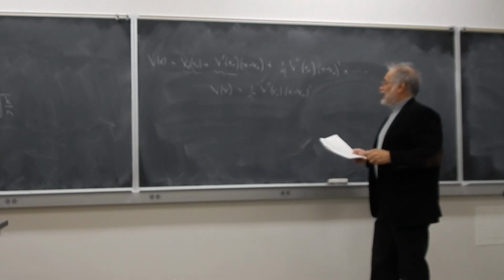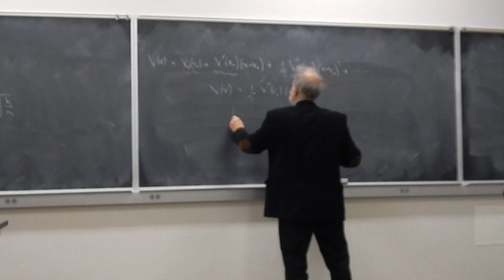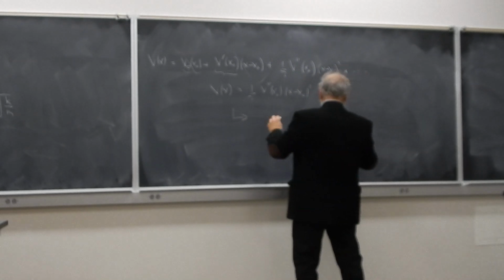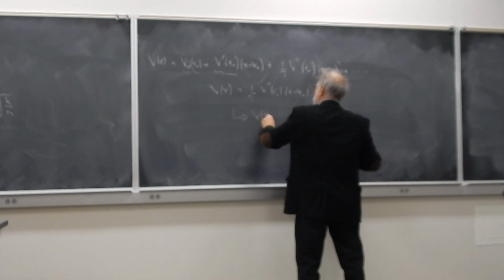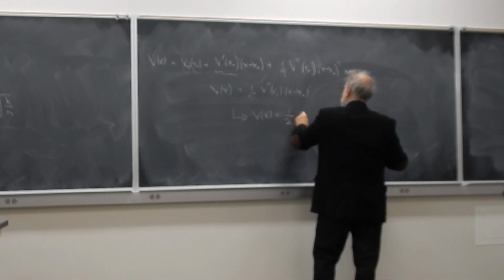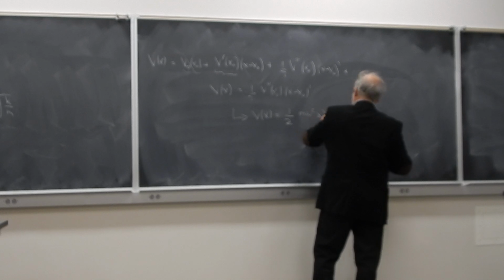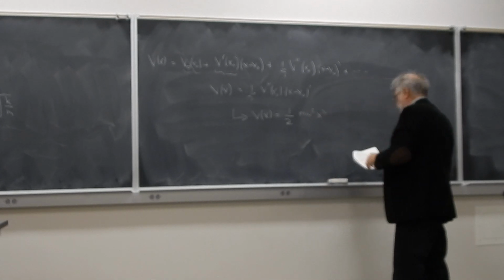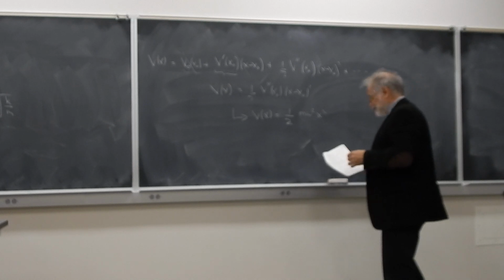In quantum mechanics, we tend to use omegas rather than k's, and so I'm going to write my potential for this purpose as 1/2 times m omega squared x squared. So spring constant is out, the classical frequency is in.